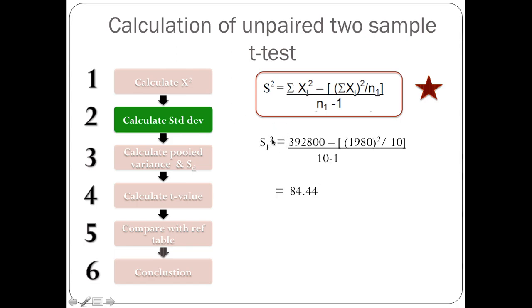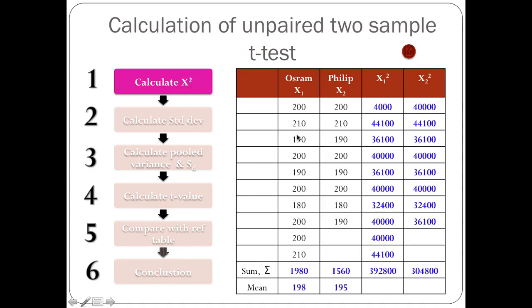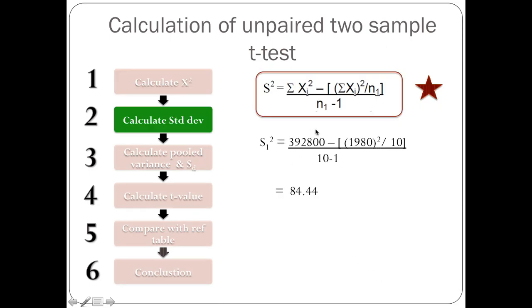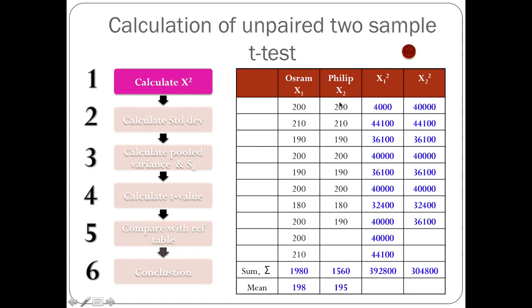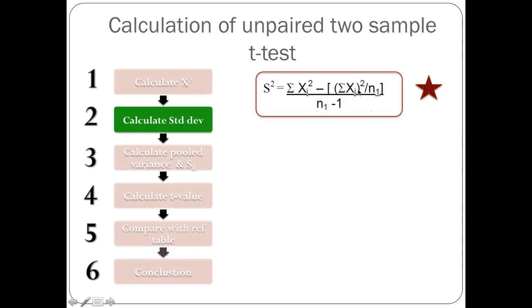So your S1 squared, the variance for this, is the sum of x1 squared, which is 392,800, minus the total sum of x, which is 1980, squared, divided by the total sample size, which is 10, and divided by 10 minus 1, which is 9.